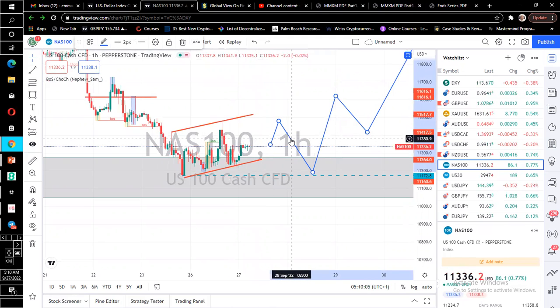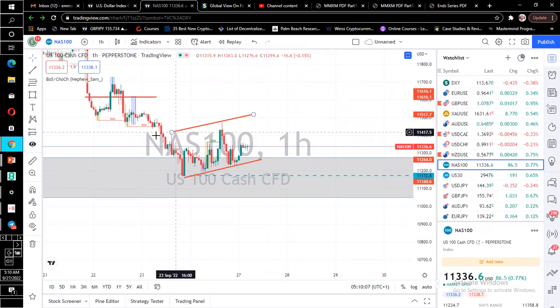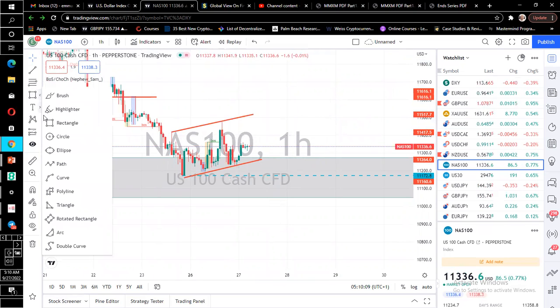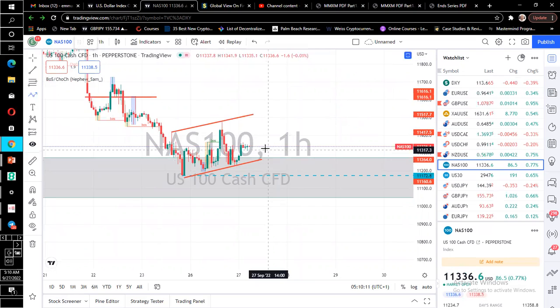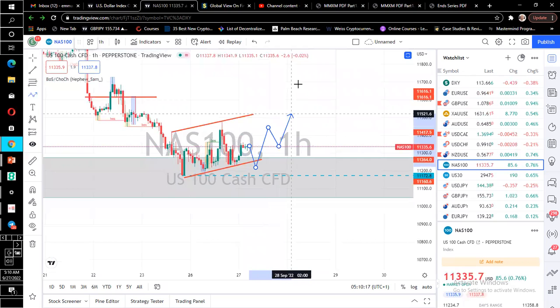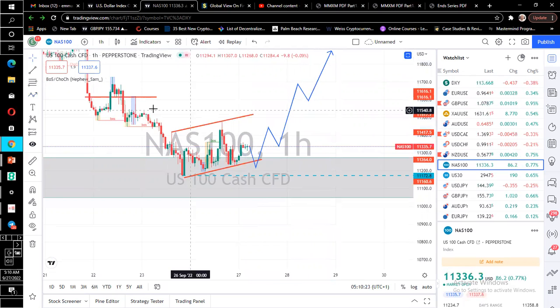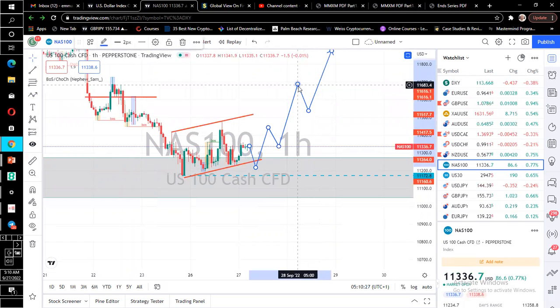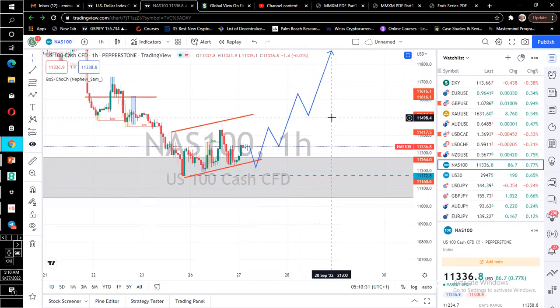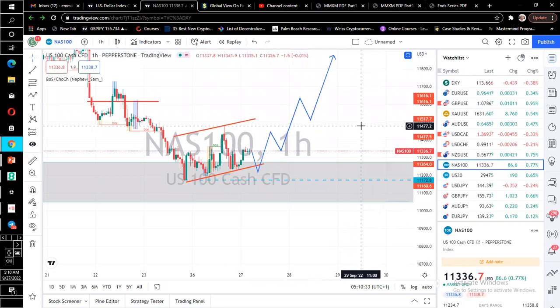So I want them to go to the downside, take out this low, then come back for the push to the upside. This is what I'm expecting from this pair.